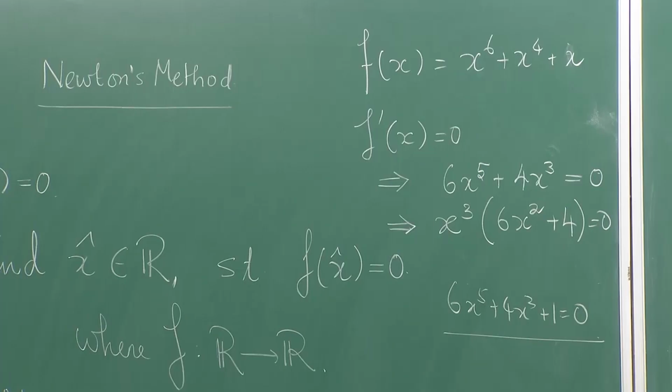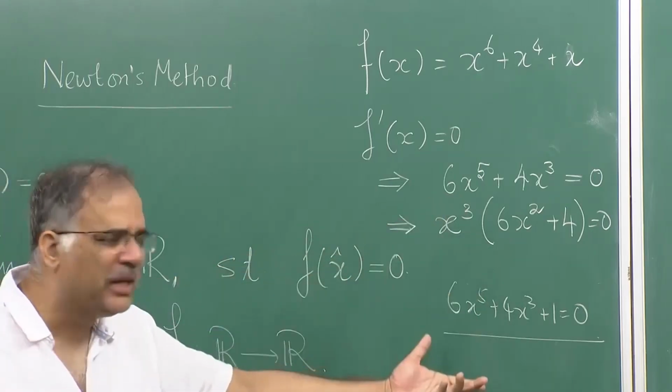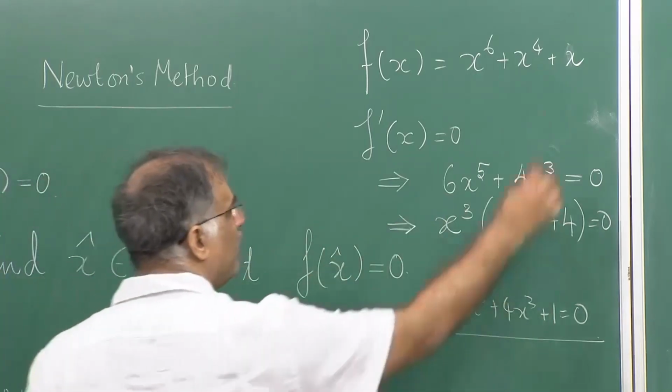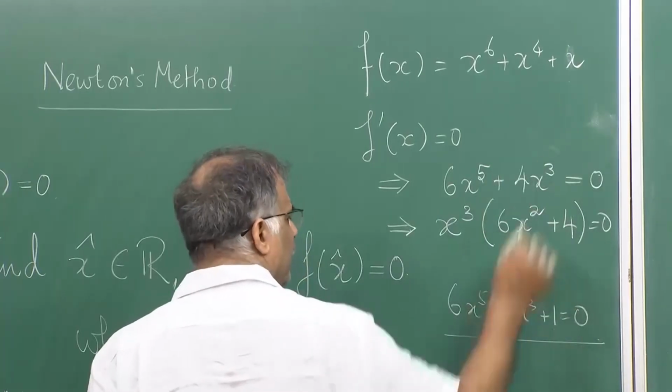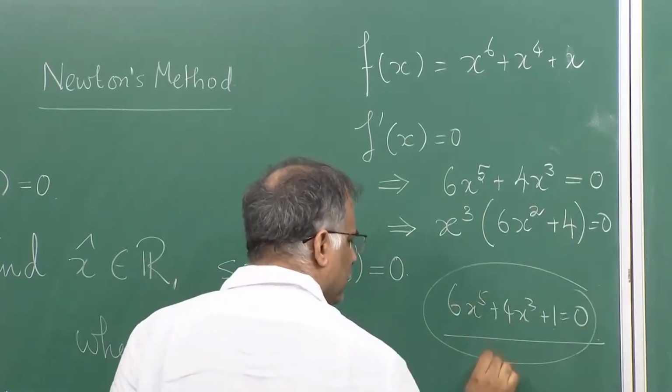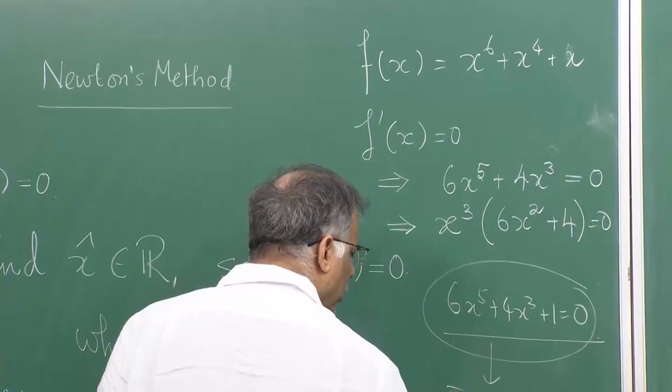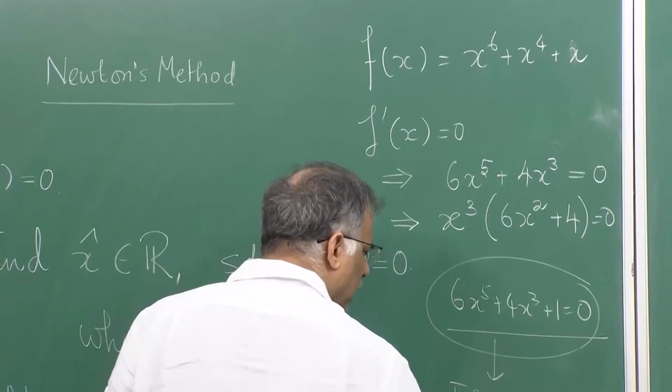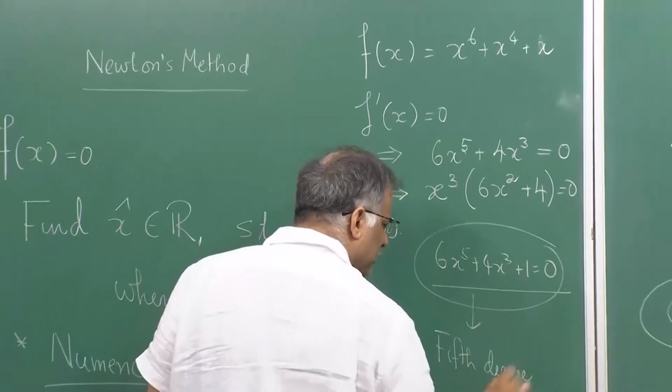You have no way to solve it just by factoring or getting things like this. So once you have one constant here, you are done. This is a 5th degree polynomial equation, and you cannot solve it by radicals.